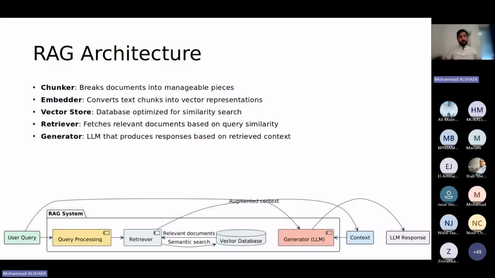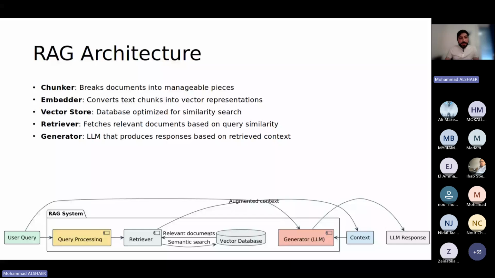All of these embeddings are stored in something called a vector database. A vector database is a database specialized for storing embeddings and running search algorithms to get similar embeddings in a very efficient way.